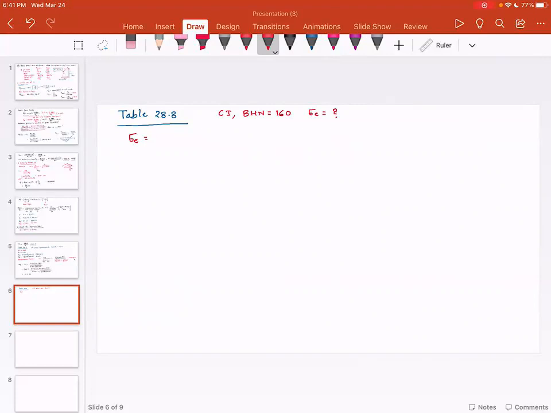Correct. The answer is 84 megapascals. Megapascals is also Newton per millimeter square.